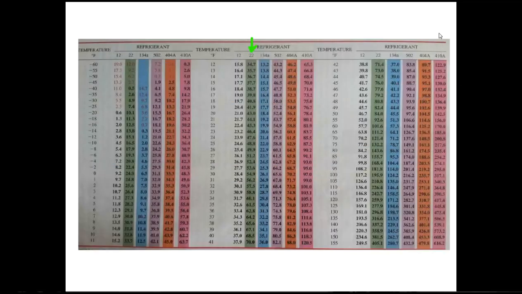Let's go down this chart. And this is our pressure column for R22. And at 69 PSIG, which is right about here, if we read it over to our temperature column, you can see that when we have saturated refrigerant at, for the sake of argument, 69 PSIG, it is 40 degrees.